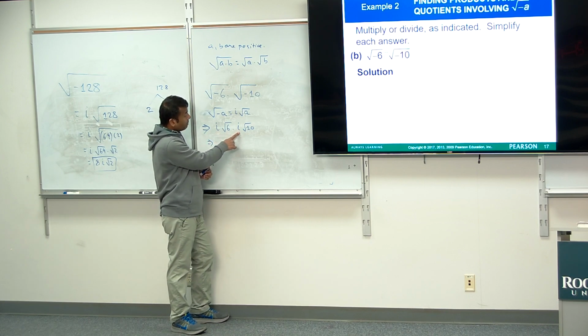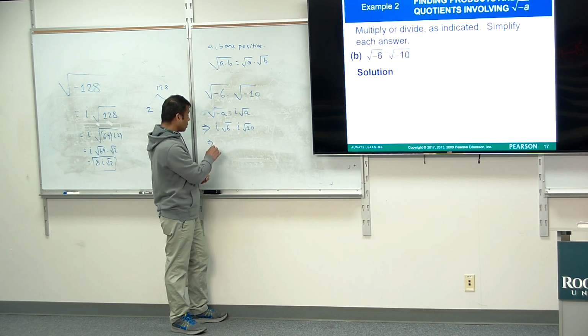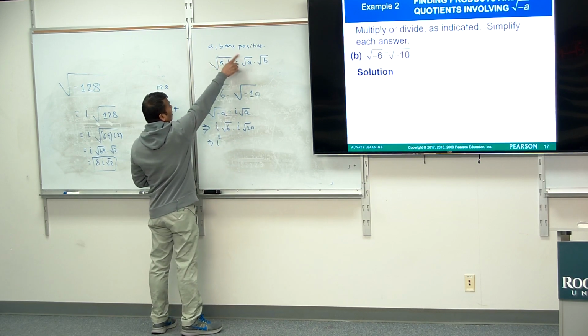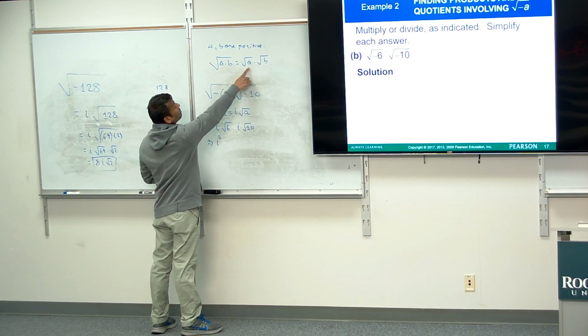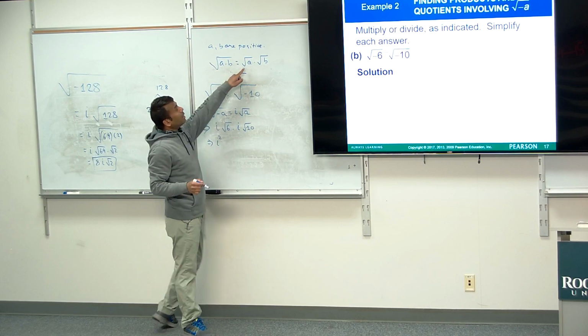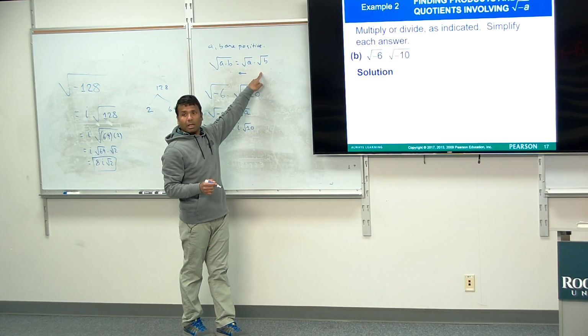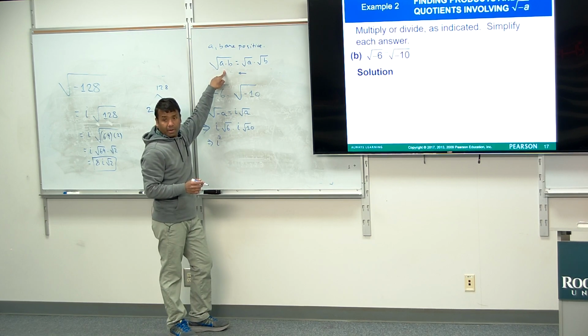So now, what can you do here? i times i. What will be i times i? It's i squared. Now I told you, if A and B are both positive, you can use this: radical A times radical B equals radical AB. You use this in this direction, okay? Is that right?